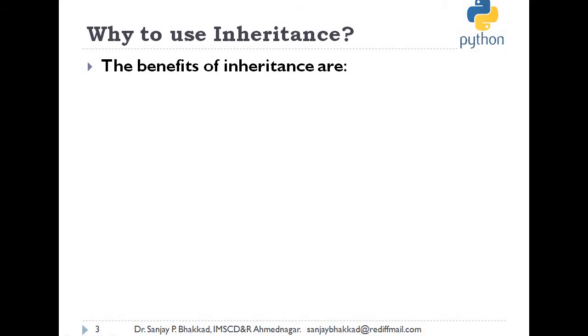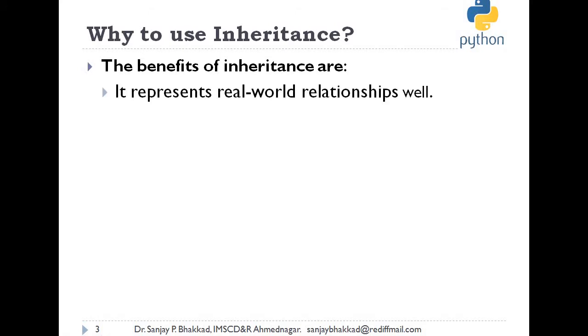The benefits of inheritance are that it represents the real world relationship between a parent class and a child class in a good manner. For example, a dog is an animal and a cat is an animal, so the dog and cat are the child classes where animal is the parent class.